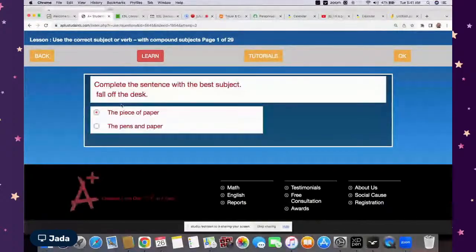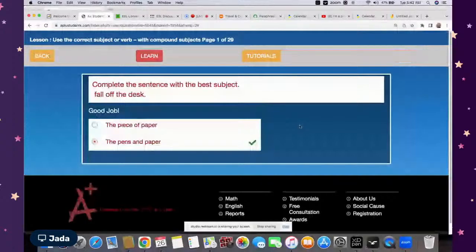What is going to be your right answer? Is it going to be number one or number two? So we have the pens and paper, we have the piece of paper. So we just pick this one. You see that the pens and paper is correct, not the piece of paper.